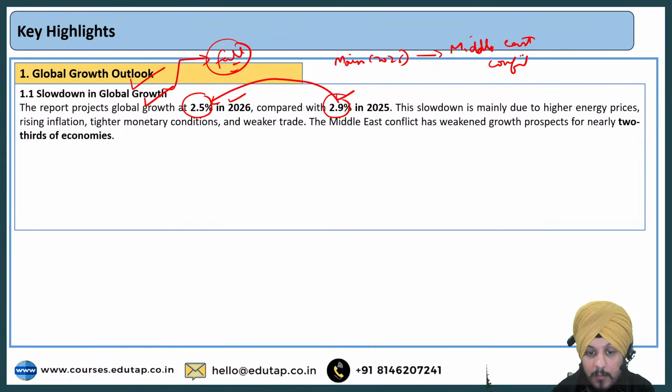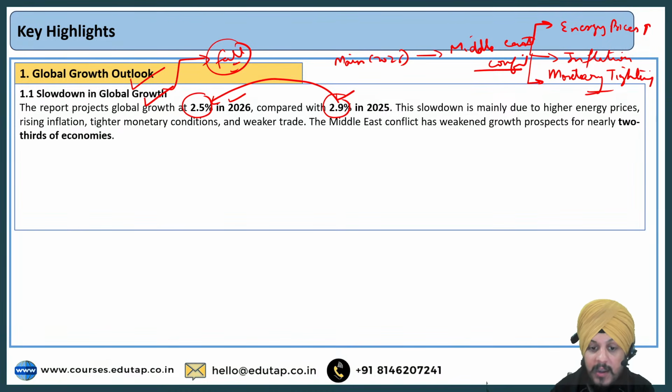Because of this Middle East conflict, there is an increase in energy prices, no doubt regarding that. Energy prices have gone up. Apart from that, it has also led to inflation, and that has led to monetary tightening across different types of economies.